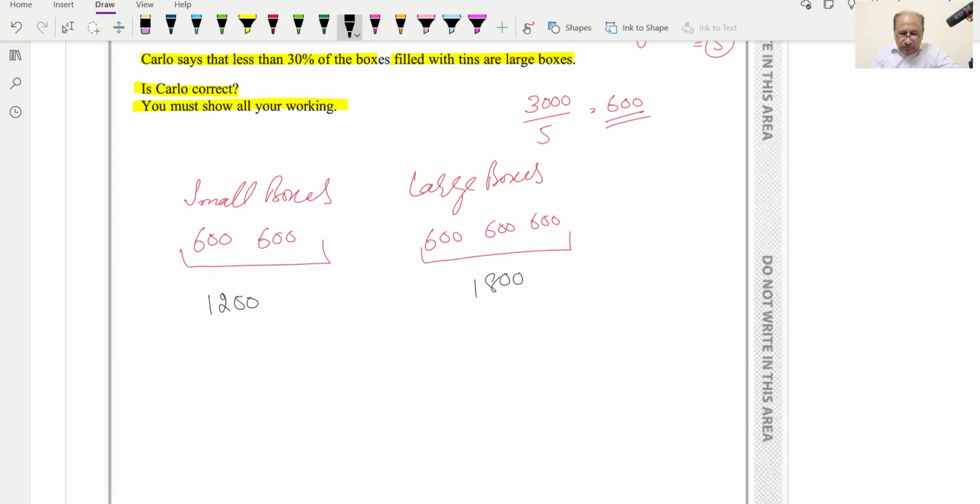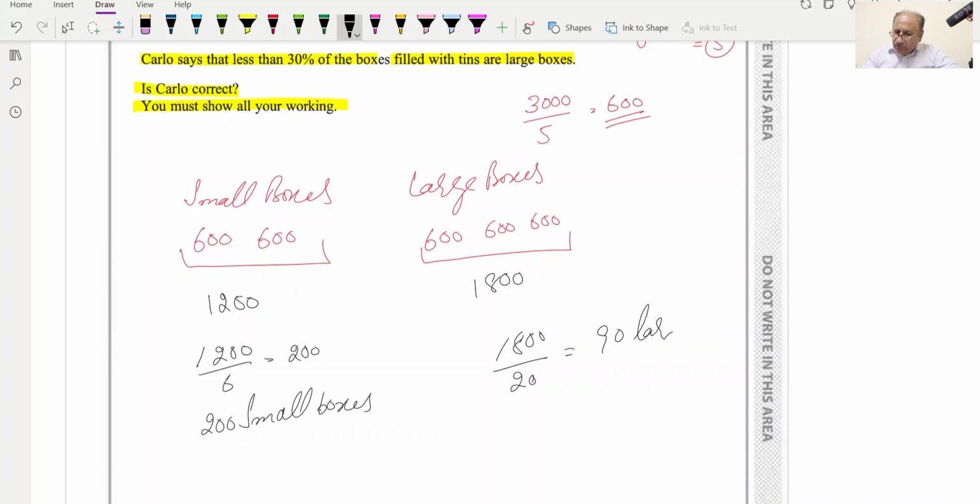12, this will be divided by 6, so how many small boxes will be there? 1200 divided by 6 will be equal to 200, so 200 small boxes, and 1800 divided by 20 will be equal to 90 large boxes.